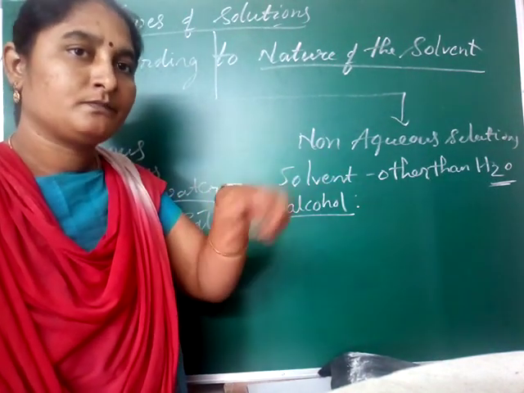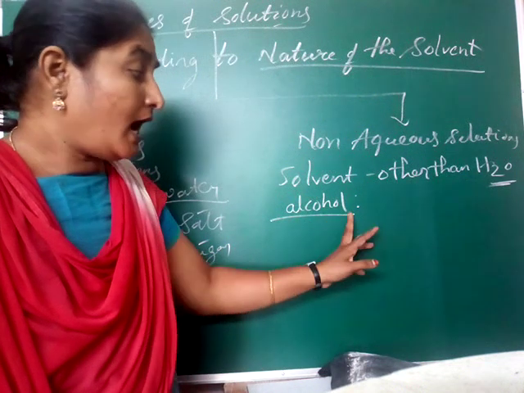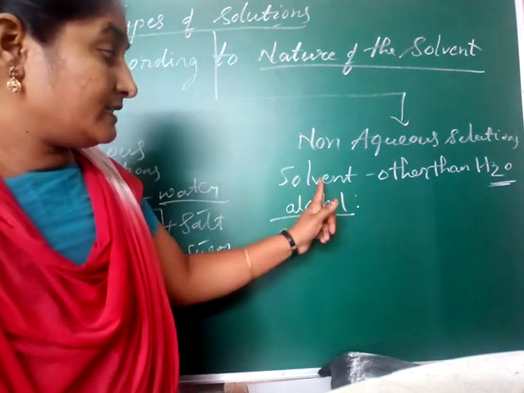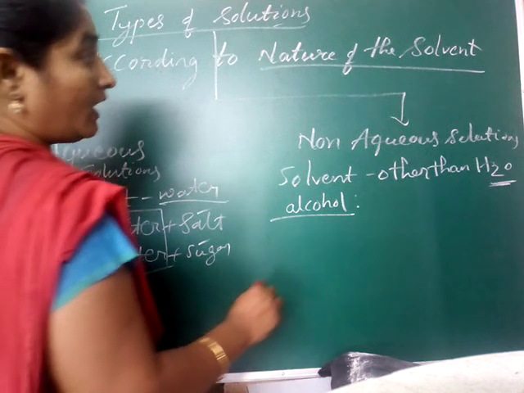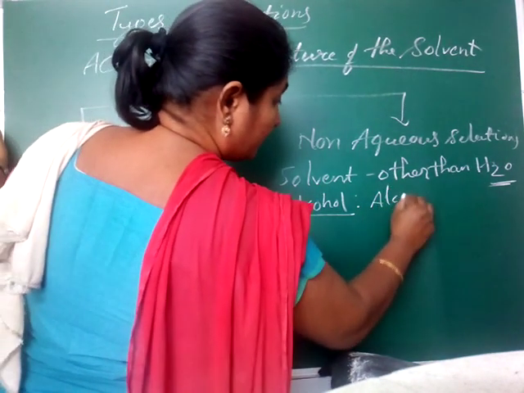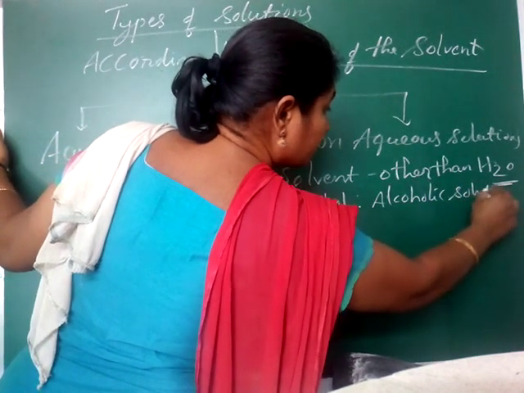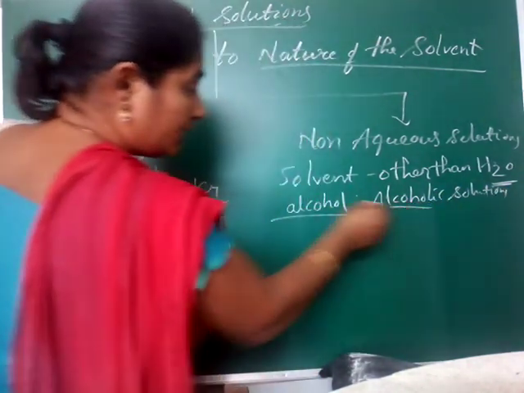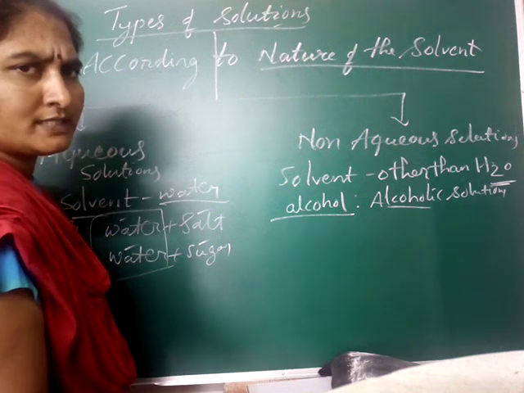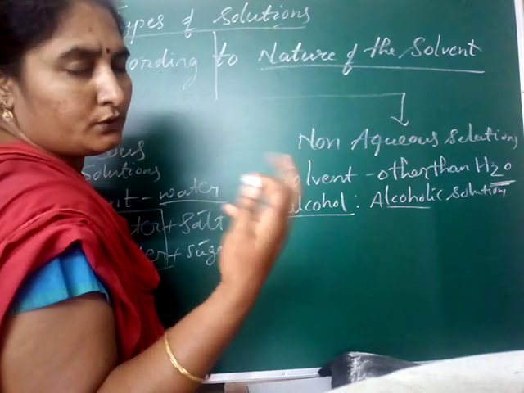That is the alcohol. When alcohol is taken as the solvent, those are called alcoholic solutions. Here alcohol is the solvent, and the remaining solutes depend upon the use.